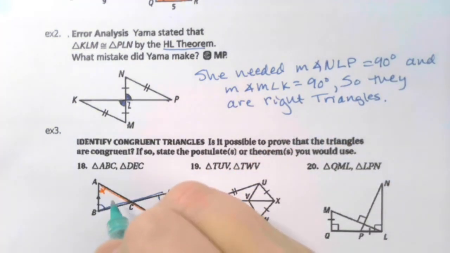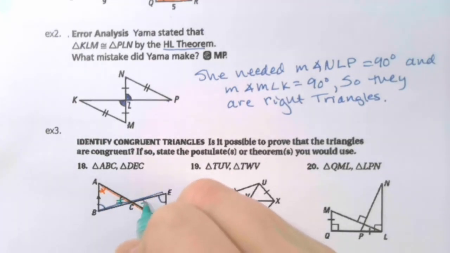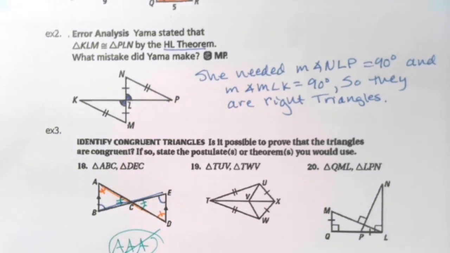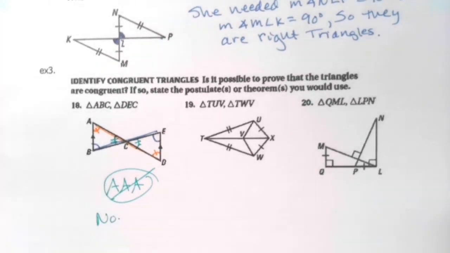And vertical angles are congruent would give us this one and this one. So we have three angles but no sides. Unfortunately, there is no angle theorem. So the answer would be no. It's not possible to prove those are congruent because there is no angle. You got to have at least one side.